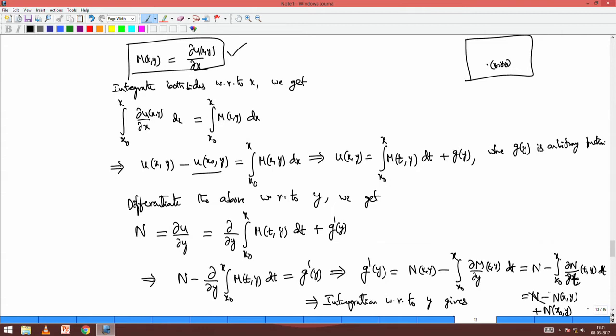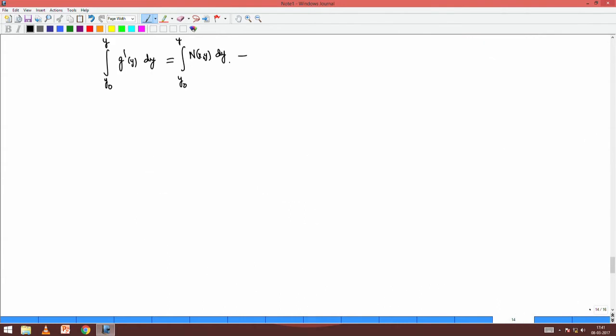So, N is a function of x, y, and this is simply N of (x naught, y). So, if you can integrate directly, this right hand side is simply N at (x naught, y). This you are integrating with respect to y from y naught to y. So, this will give me my g of y minus g at y naught equal to the integral from y naught to y of N at (x naught, y) dy.